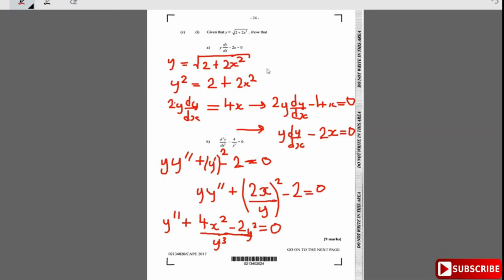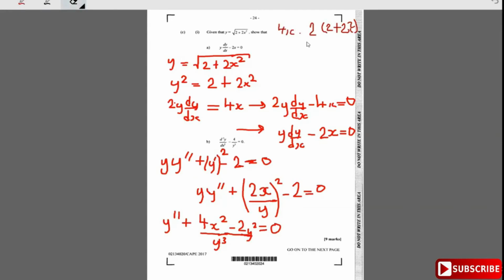If y squared is 2 plus 2x squared, then we have 4x squared minus 2 times y squared, and y squared is 2 plus 2x squared. So 4x squared minus 2y squared.